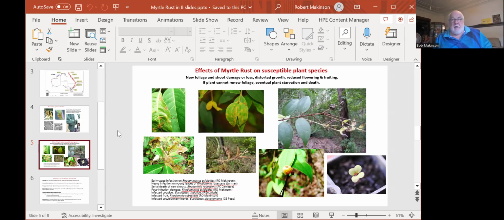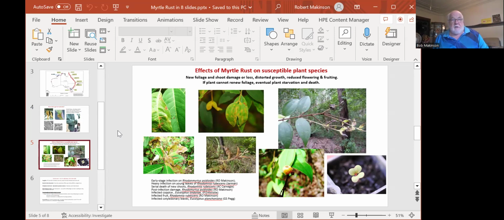The pandemic strain of the disease that we've got in Australia at the moment infects many species of eucalypts, but mostly not terribly aggressively, but occasionally you will see it doing some damage, and there's a shot there of Eucalyptus tyndallii, some coppice growth being hit pretty hard.